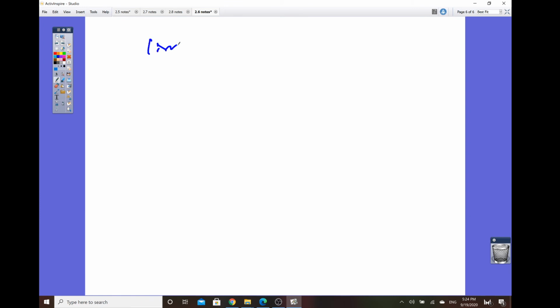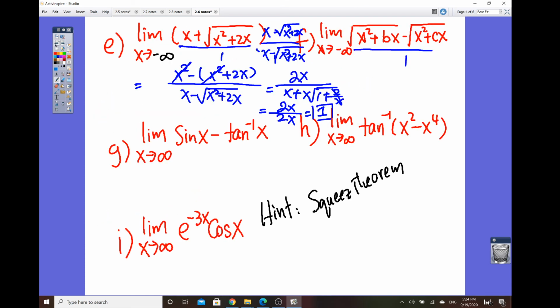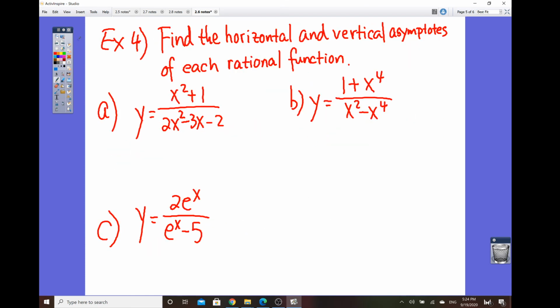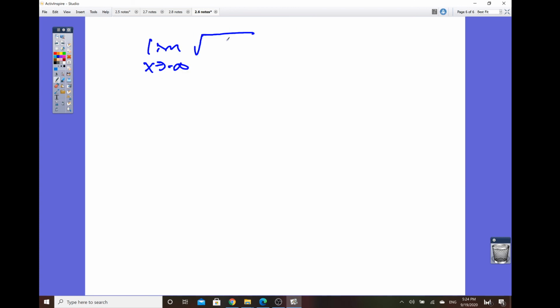So we do have limit as x goes to negative infinity of square root of x squared plus bx minus square root of x squared plus cx over 1.